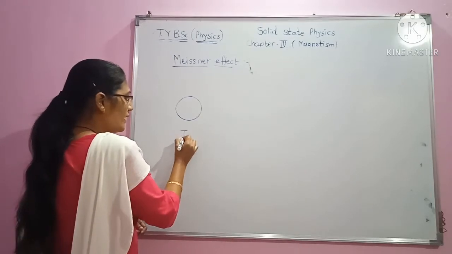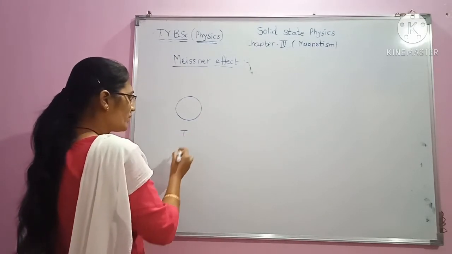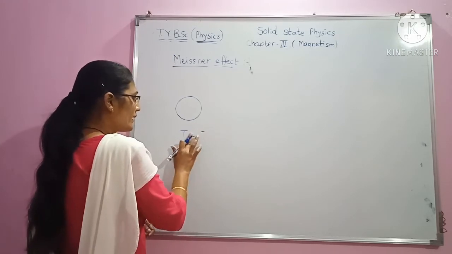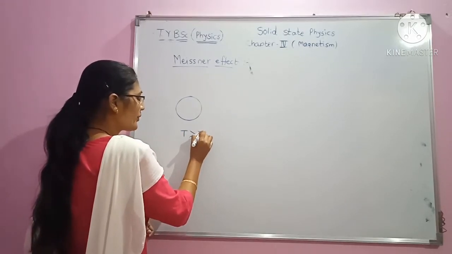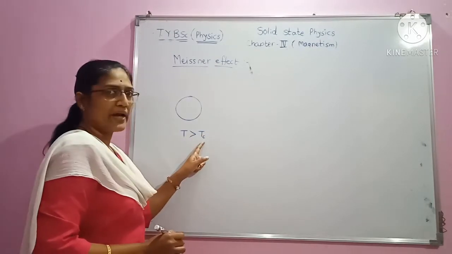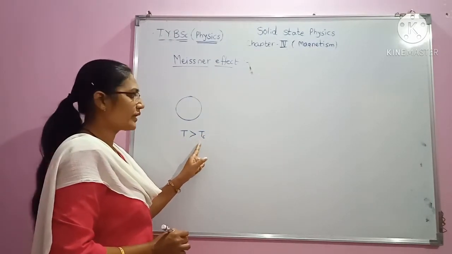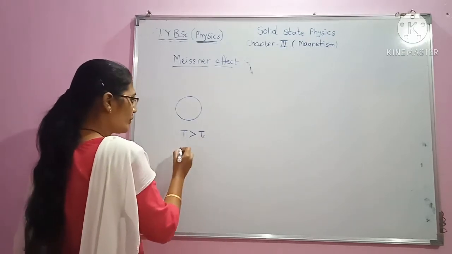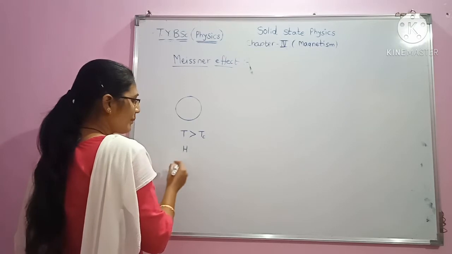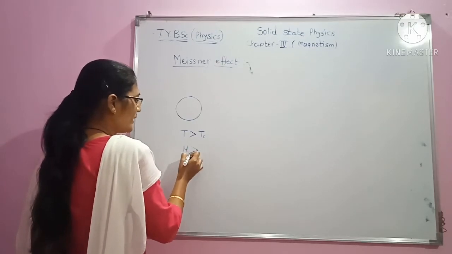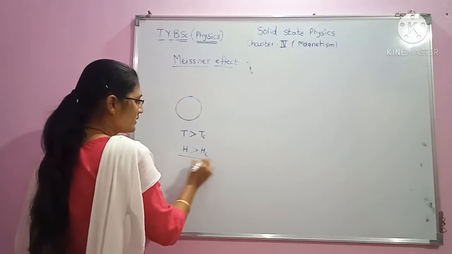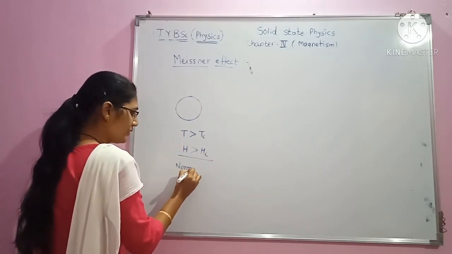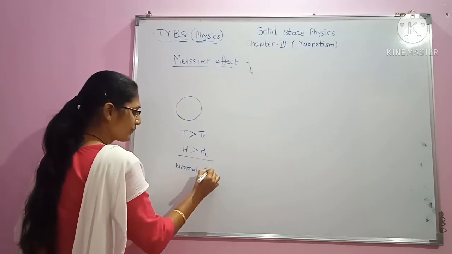In the normal state, the temperature of the superconductor is greater than its critical temperature, that is the temperature at which this material shows superconductivity or its resistance becomes zero, and H, the applied magnetic field, should be greater than Hc. This condition denotes the normal state of the superconducting material.